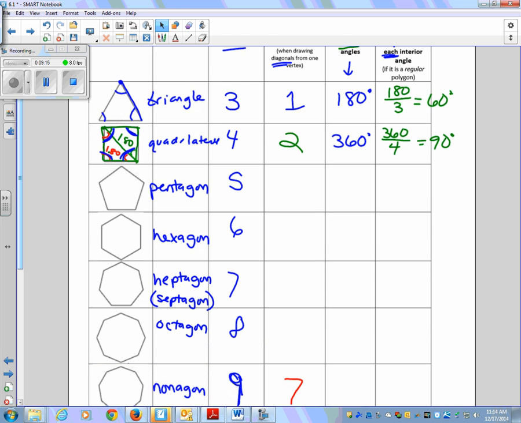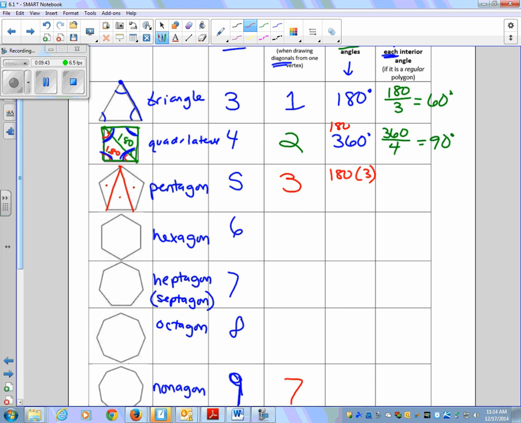Now, we can continue with this same task here. Draw the diagonals of a pentagon, and how many triangles are formed? 1, 2, 3. So how are we going to get the degree measure for the sum of the interior angles? What do you think we're going to do here? Yeah, 180 times 3.